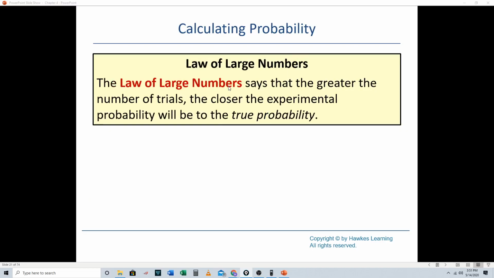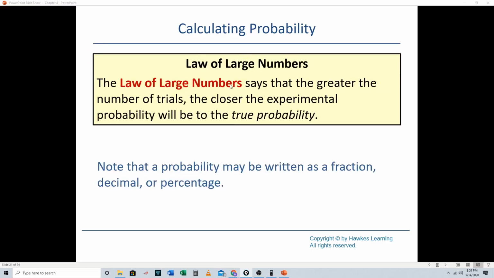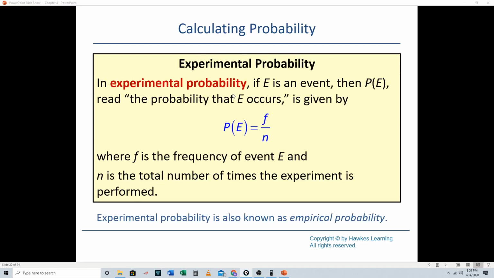Now, experimental probability, here's the difference. You're going to deal with experimental probability and you're going to deal with classical probability. Here's the difference. Experimental probability, you actually have to collect data. Data must be collected.